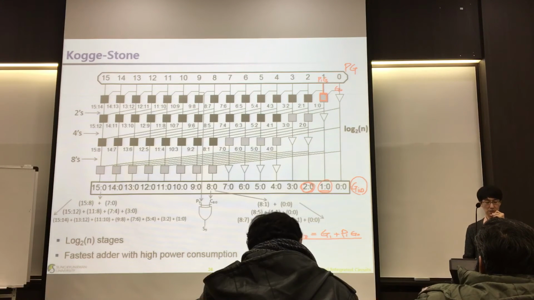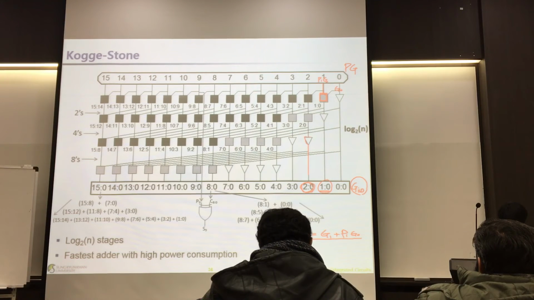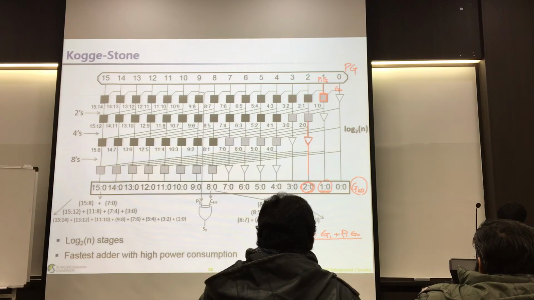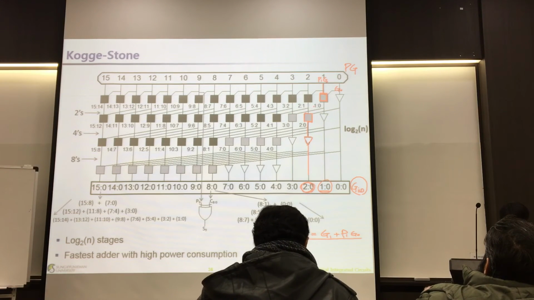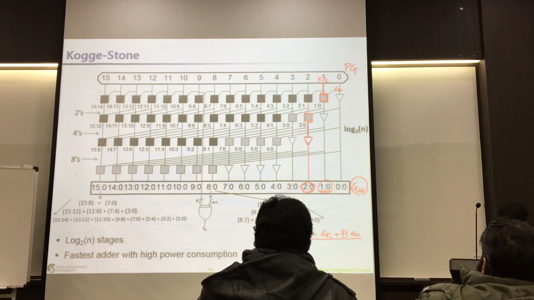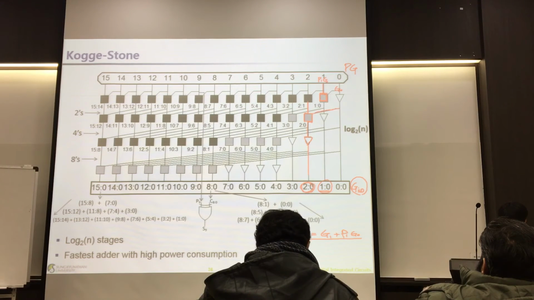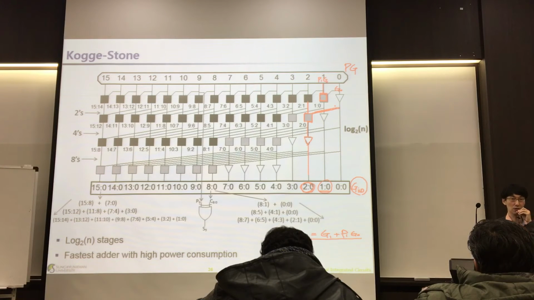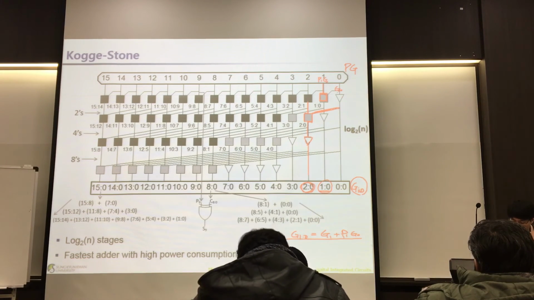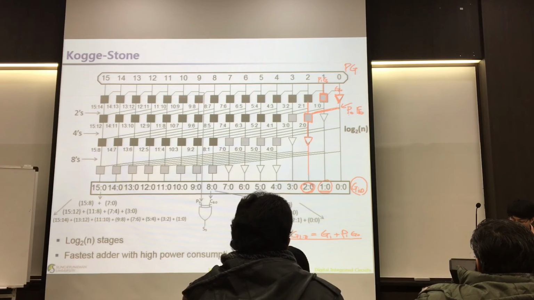Okay, what about this? 2 to 0. Now it's a little bit different, right? If you follow this track here, this is a buffer, so you just keep going. Then you have this PG calculator here, but it actually takes input from bit 2 and bit 1. It's a little bit different, right? So what is happening there? Here it's a buffer, so P0 and G0 are available here.